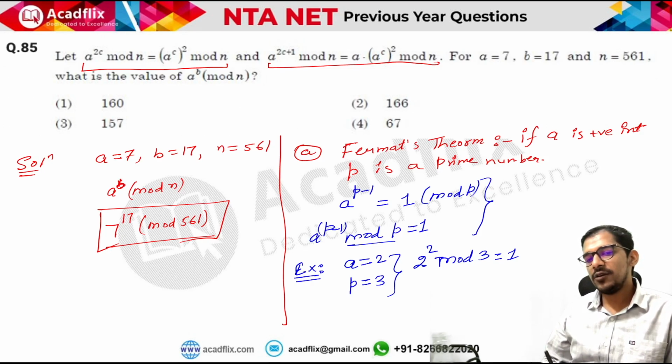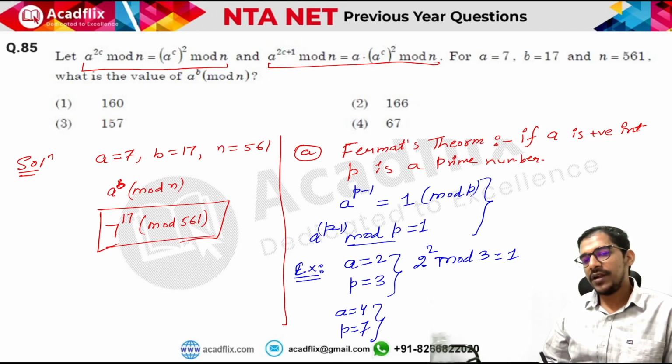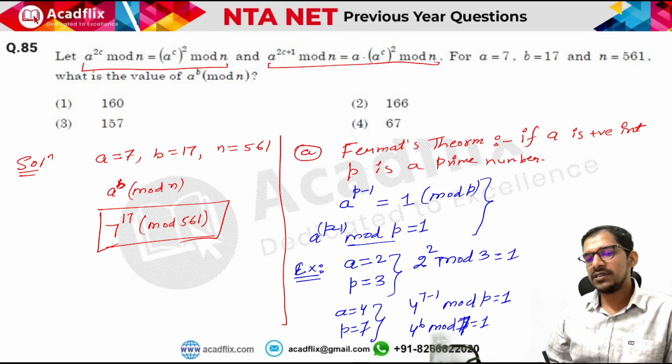You can take any values of a. Let's take a equals 4 and p equals 7. 7 is a prime number. Again, 4 to the power 7 minus 1 mod 7 will always be 1. So 4 to the power 6 mod 7 is equal to 1. 4 to the power 6 is, I think, 4096.